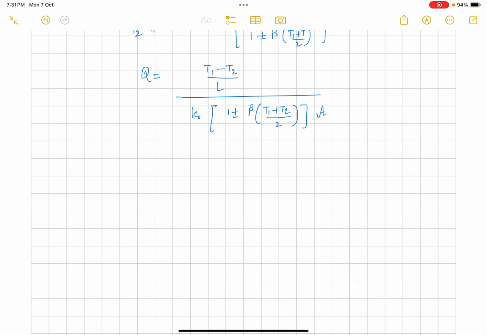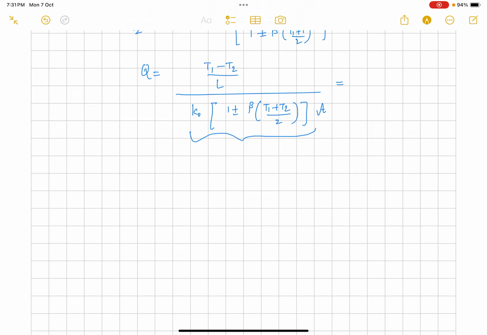Area is the cross-sectional area of the plane wall. Okay, and we have proved in the last class that this is nothing but k average, the value of thermal conductivity in the range of T1 to T2 temperature.